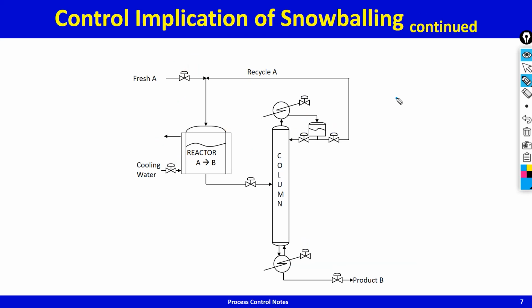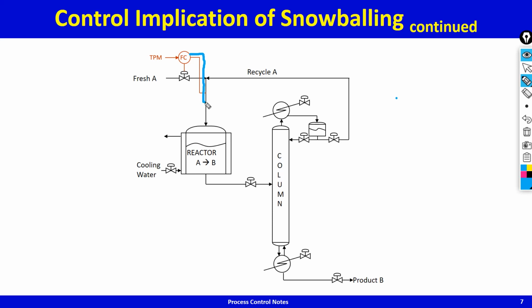Now let's look at the other control system, which is just a subtle shift. Instead of having it like this, you're having it like this. So what you're doing is you're holding the total flow to the reactor fixed and bringing in the fresh feed, adjusting the fresh feed so that the total flow to the reactor remains fixed.